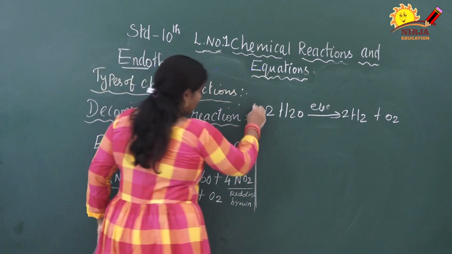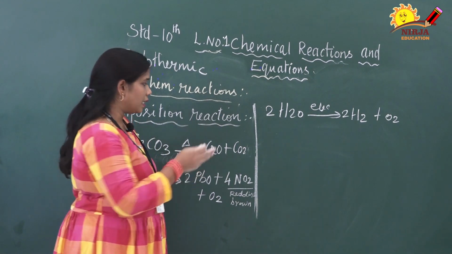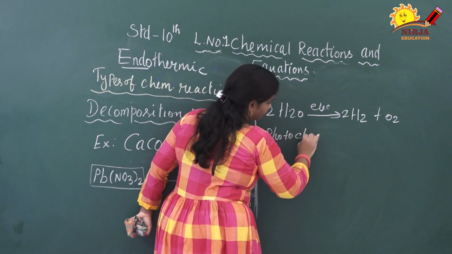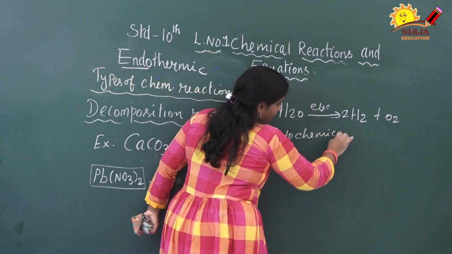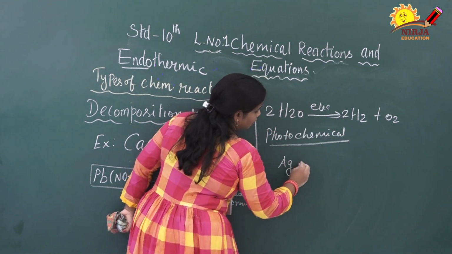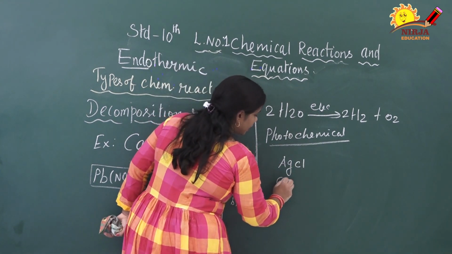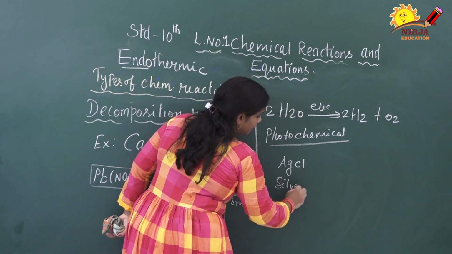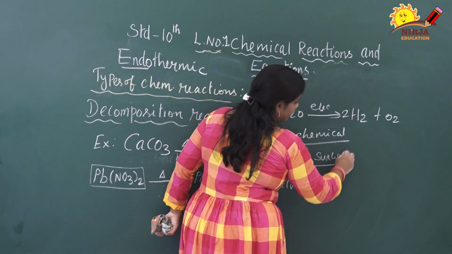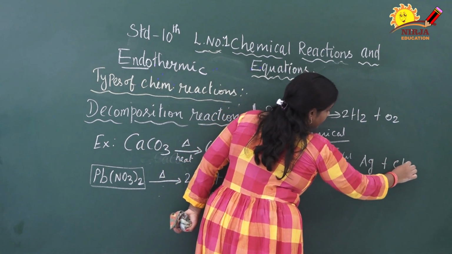Here I told already that in some decomposition reactions heat is needed. Here also heat is required. So the photochemical reaction example is silver chloride. Silver chloride is white in color. When we keep it under sunlight, it converts into silver plus chlorine.